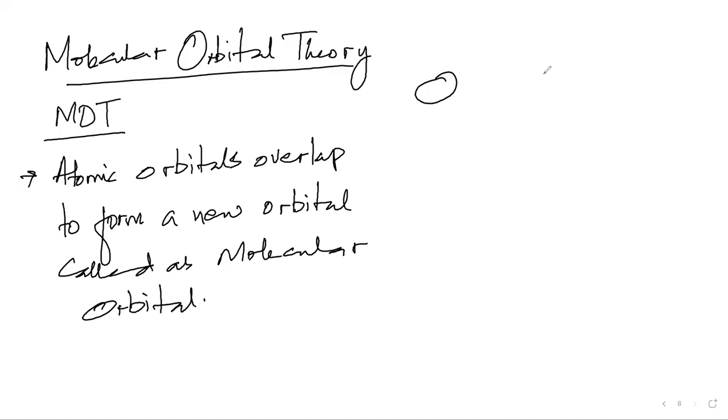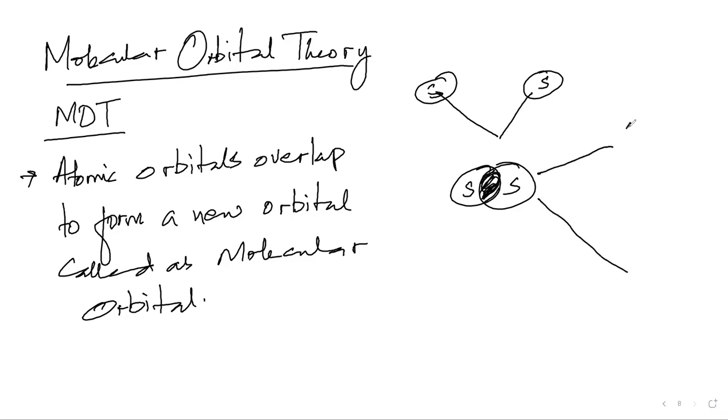When two atomic orbitals overlap with each other, for example, this is S and this is S, then these S will overlap with each other in two ways, constructive and destructive. If this overlapping is taking place constructively and destructively, then two kinds of molecular orbital will be formed.